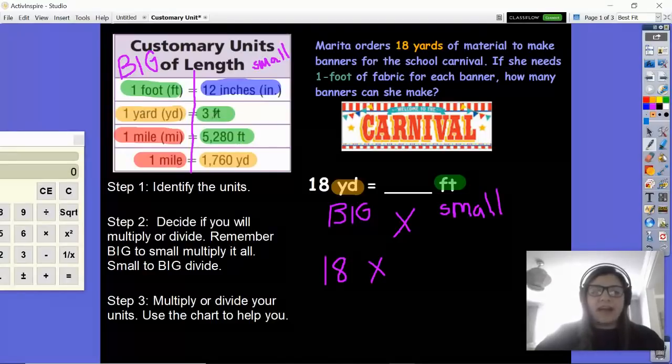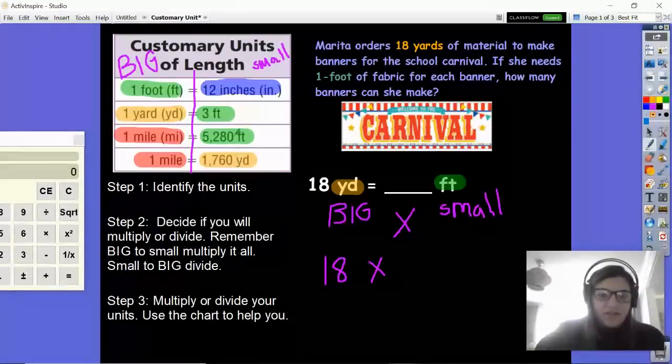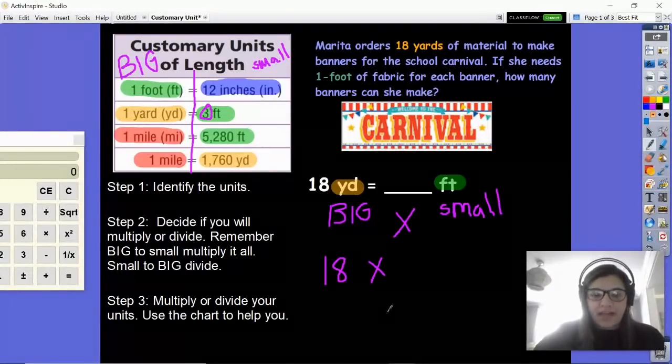We want to go back up to where it's comparing the yards and the feet. I'm going to use the numbers on this side of the chart to figure out which one I'm going to multiply by. So 1 yard is equal to 3 feet, so I'm going to multiply 18 times 3.